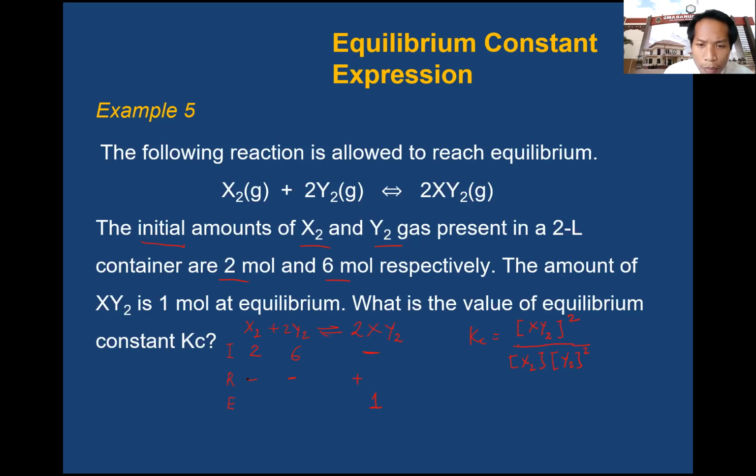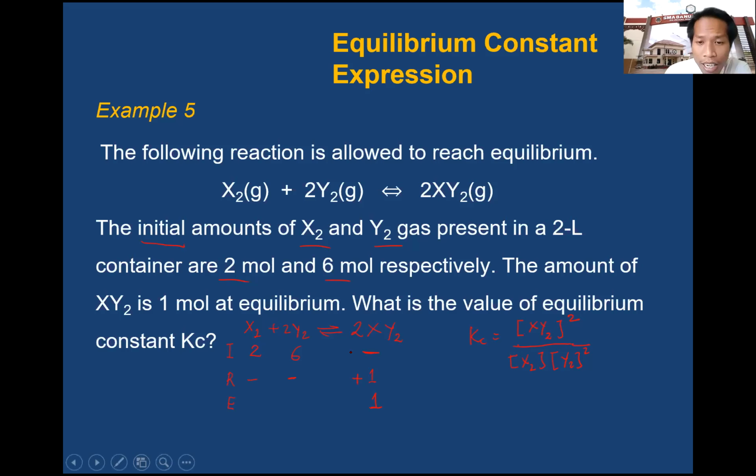So from here, what will be the value of the reaction for XY2? If initial is 0 and equilibrium is 1, the R must be plus 1 to make it 1, in the R of XY2.